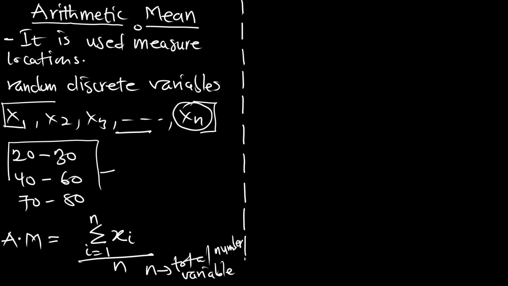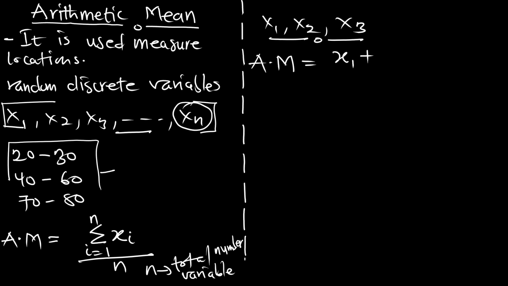So now it is very simple. If I have, say, x1, x2, and x3, therefore the arithmetic mean for these three variables is the summation of all the x variables. That's going to be x1 plus x2 plus x3 divided by n, where n is the total number. So this is 1, 2, 3. That is going to give me 3. Is that okay?